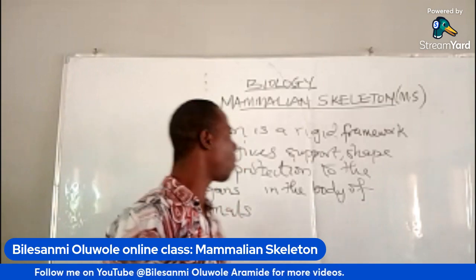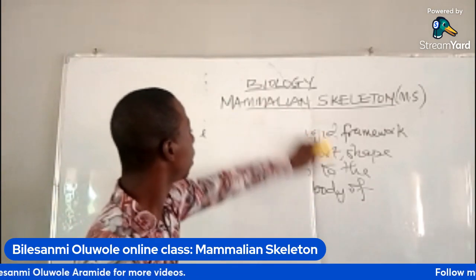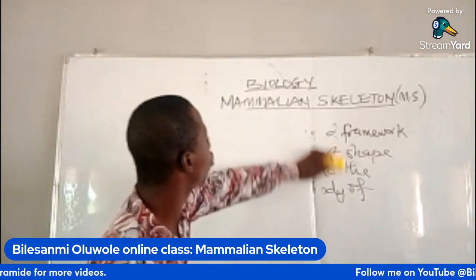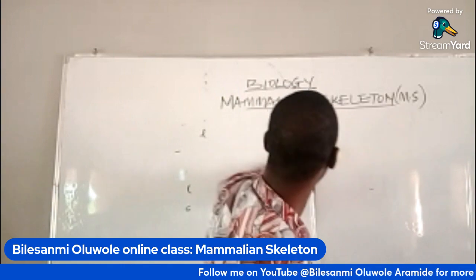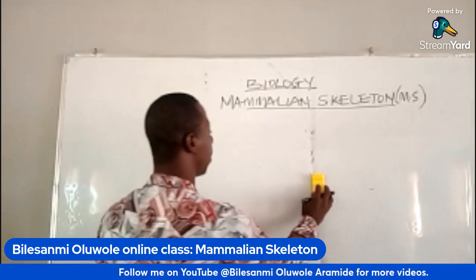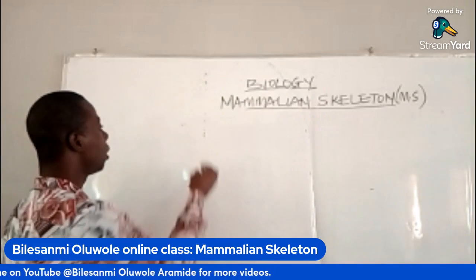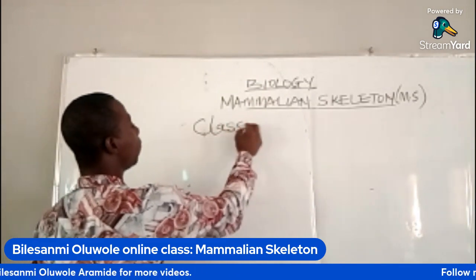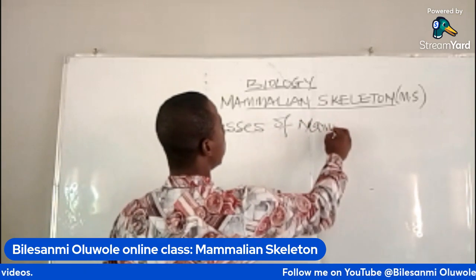Now let us look at mammalian skeleton. Mammalian skeletons are classified into 2. And what are these 2 classifications of mammalian skeleton? That is what we want to talk about now. Classes of mammalian skeleton.